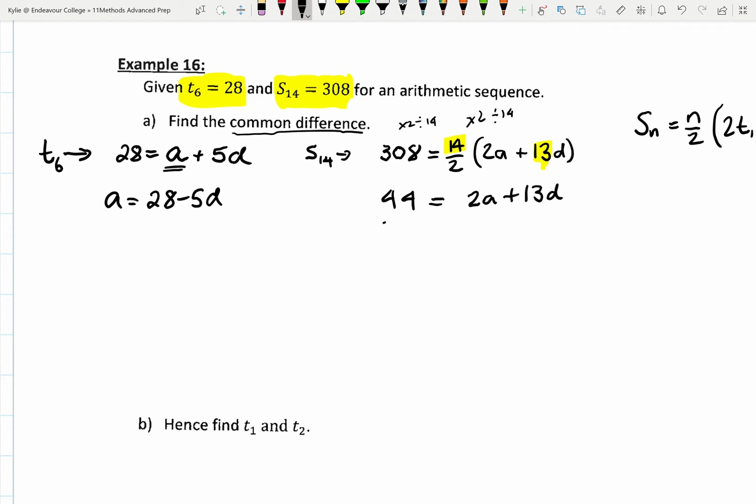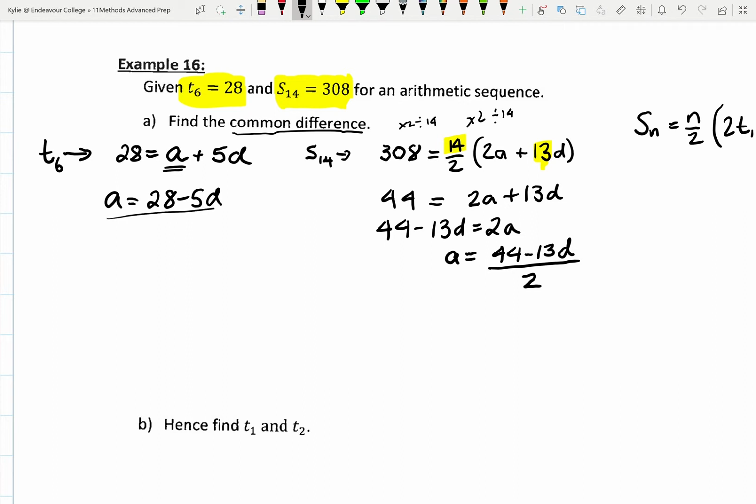Rearrange that to get 44 minus 13d equals 2a, and then divide it down to get a equals 44 minus 13d, and I'm just going to leave that whole thing over 2, even though we can say that 44 divided by 2 is 22, and I'll show you why that's helpful in a minute.